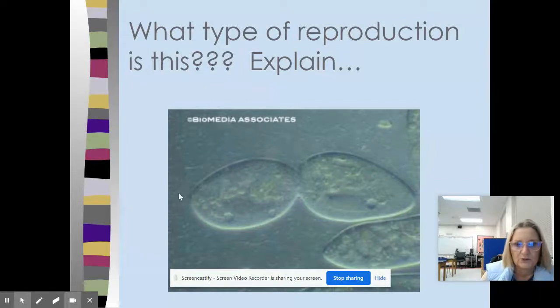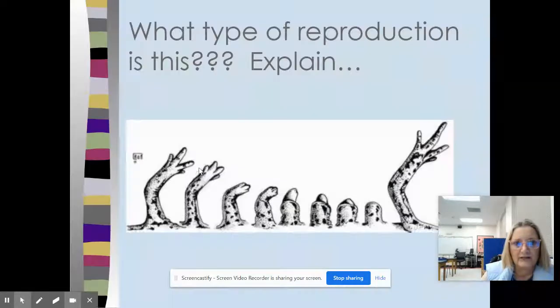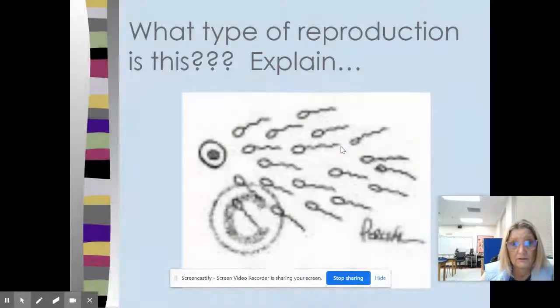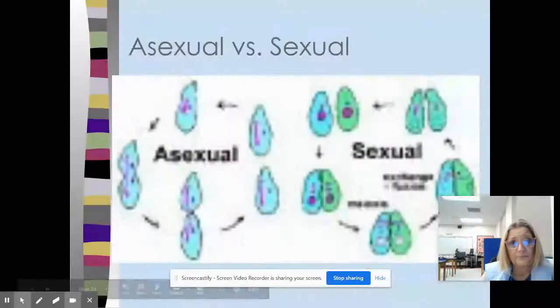Again, you see the process where your two cells, this is amoeba, are growing and getting ready to divide. This is a type of regeneration. Again, this lizard leg would not create an entire new lizard. Okay, this would be sexual reproduction because you have sperm and egg.